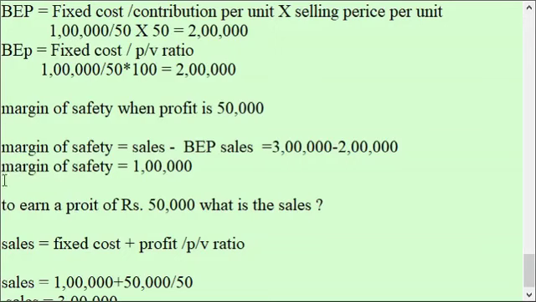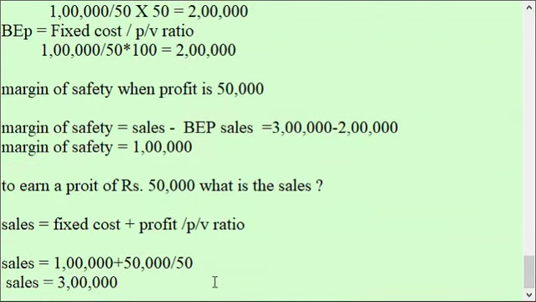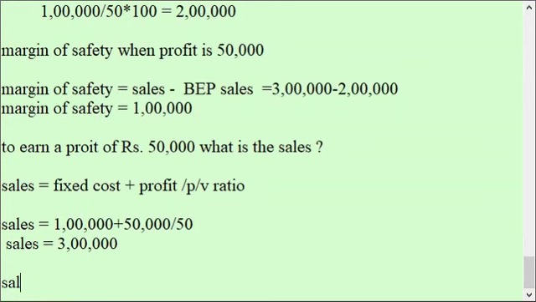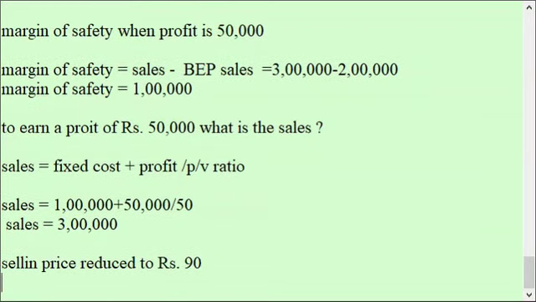So what BEP formula did we apply? Here the selling price has been changed, so we need to find the new PV ratio. I'll write it: selling price reduced to 90 rupees. So what is the new BEP?